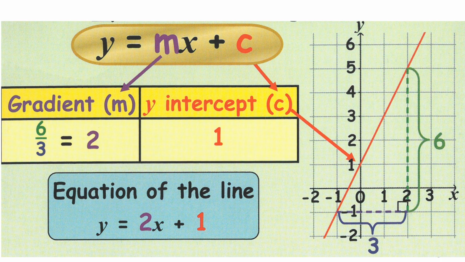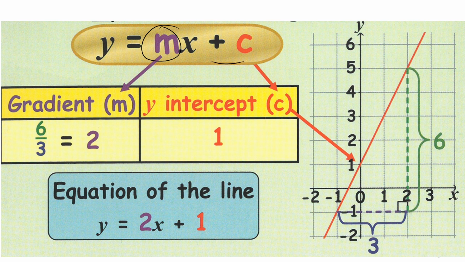So we've got quite a useful picture here. This is from a revision card that I've got, and I thought it quite nicely illustrates today's topic. So we're looking here at any equation that's y equals mx plus c. When you've got an equation like this, the number in front of x, in this case referred to as m, will be the gradient of the line, so how steep the line is.